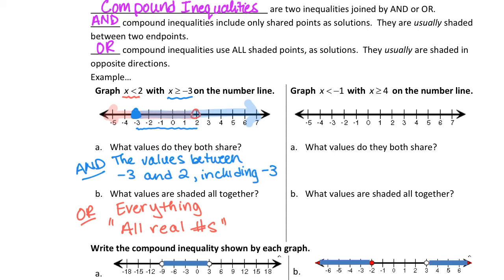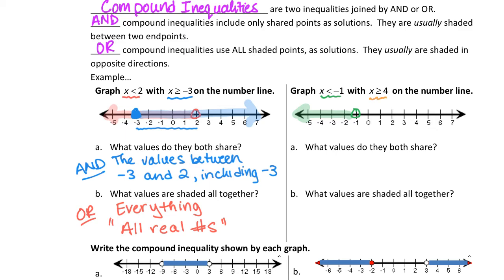Let's see how this is going to be slightly different on our next one. This time I'm going to use green to graph x is less than -1. So here's -1, and with my highlighter, I'm going to shade everything less than that.